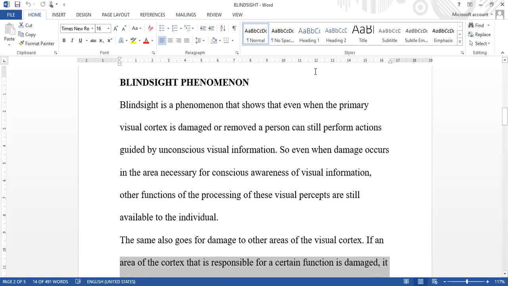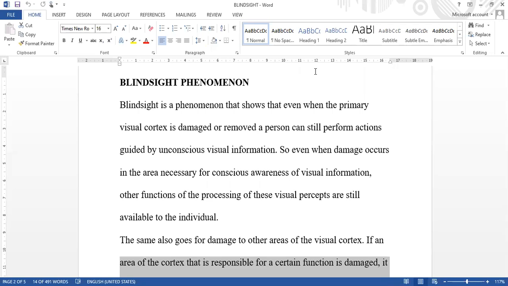So someone asked, why is it that if someone is blind, they can still perceive certain information? That's a typical case known as the blindsight phenomenon.